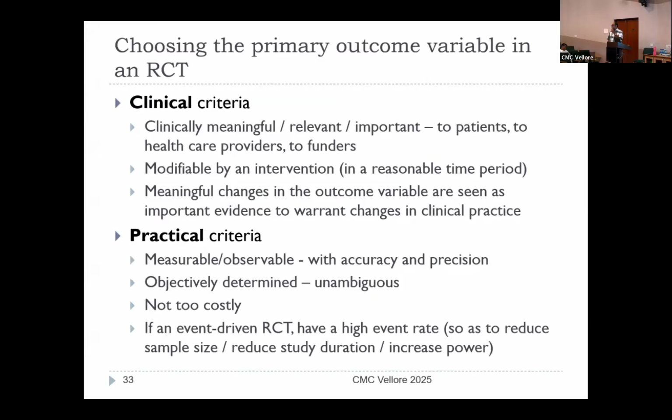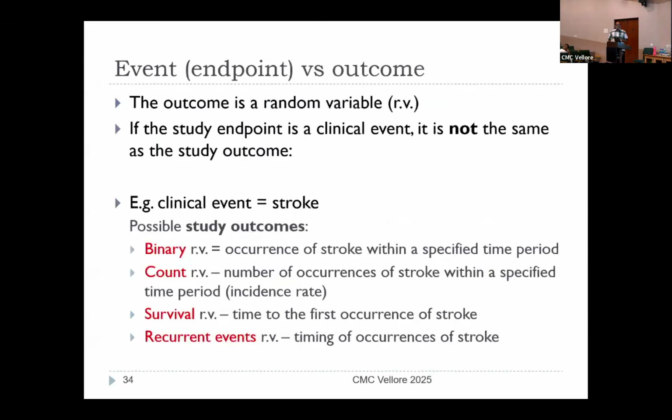That's why, if you remember yesterday, I mentioned that CPPT trial, they studied men at high risk of having coronary heart disease. Why? Because they wanted to have more events and reduce the sample size a bit. That's why they didn't study women. That's why they didn't study younger men, for example. So you choose it with clinical criteria, you choose it with practical criteria.